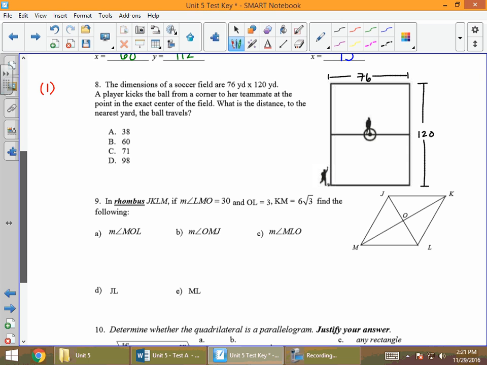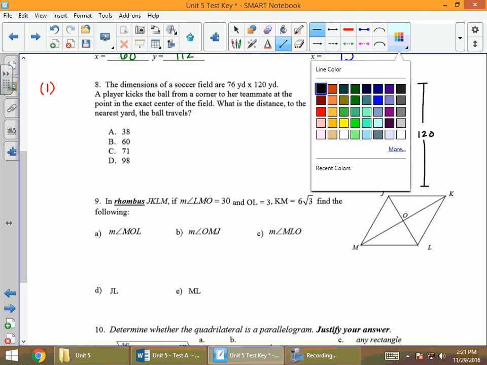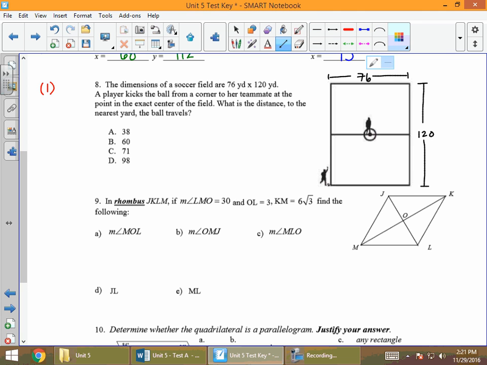Well, if this player is down in the corner and kicks this ball directly to the person in the middle, I'm going to set up a right triangle. Where this person is in the center of the field, right?